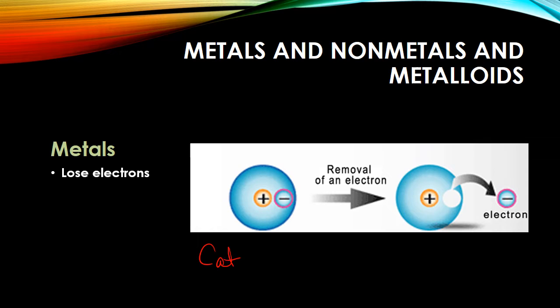Yeah, cations. And how do they form cations? They lose electrons. I've lost an electron. Are you positive? Oh yeah. So when you lose this electron, booyah, like this one over here, it's gone. The ion is then positive. All metals make cations.